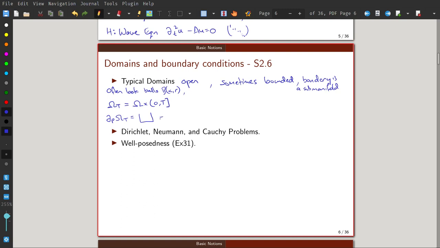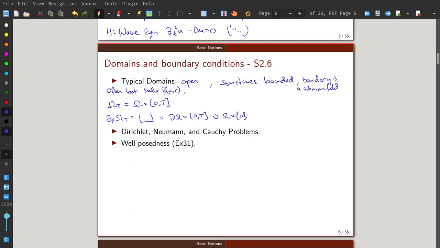But what this means is that you should look at the boundary of omega for times up to T not including time 0, together with the domain at time 0.